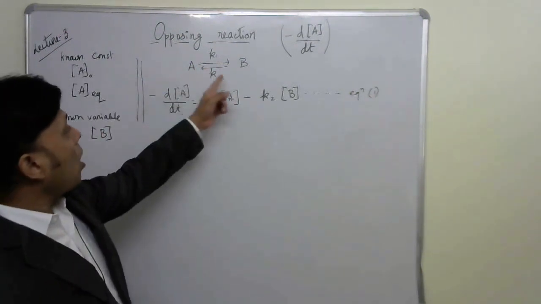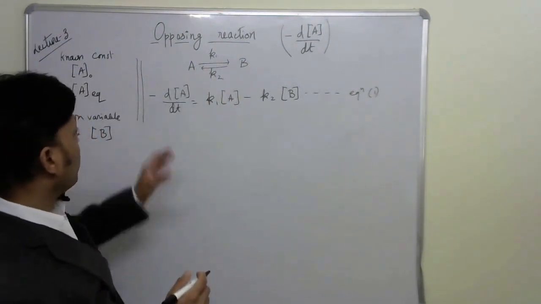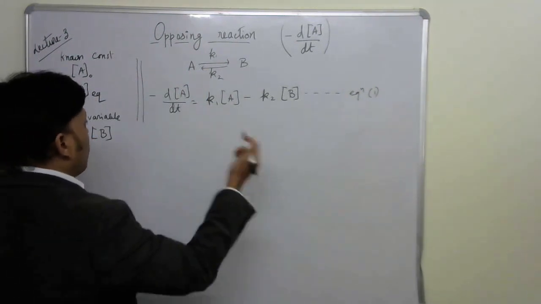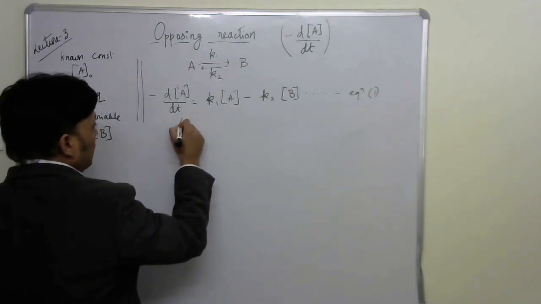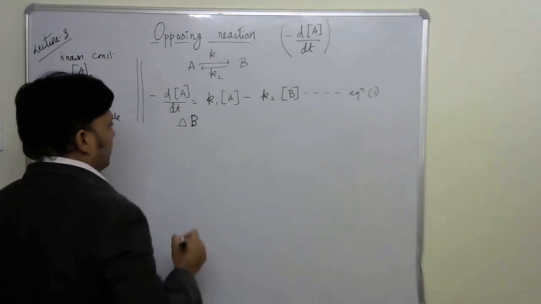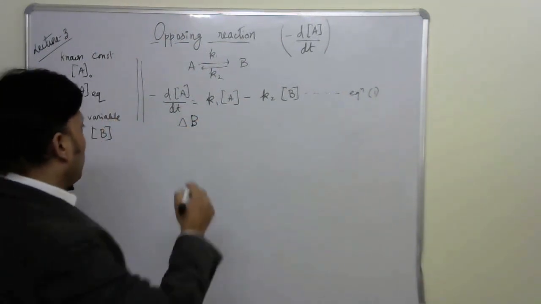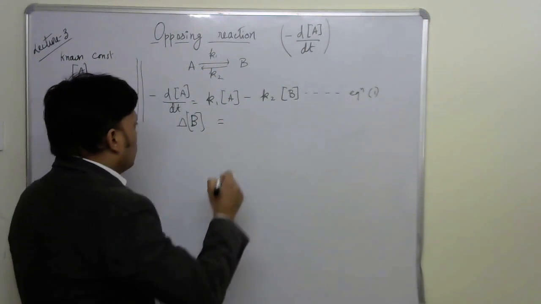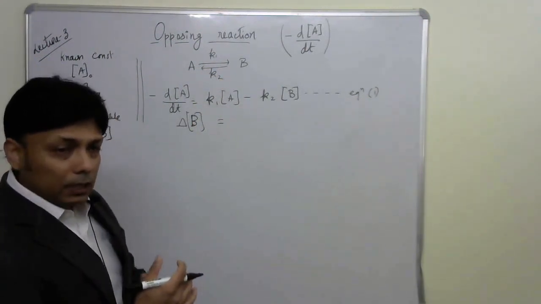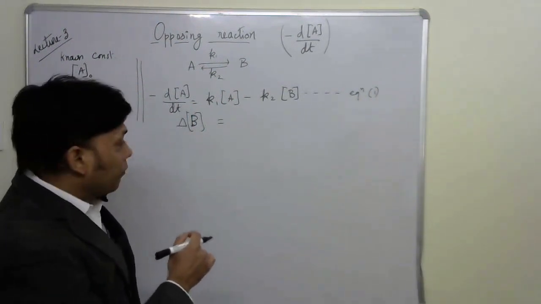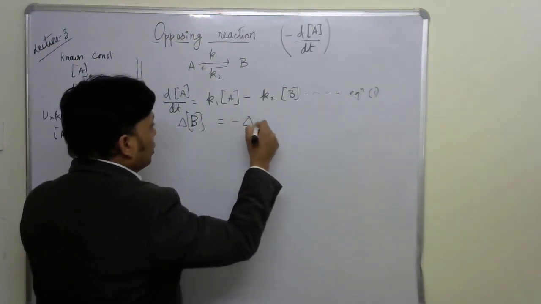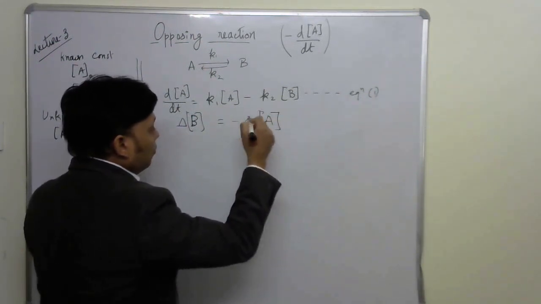If we look at the opposing reaction, obviously whatever B is formed, that means whatever the change in the concentration of B, delta B, so whatever the change in the concentration of the product B, it had to come from the same but opposite change in the reactant concentration.